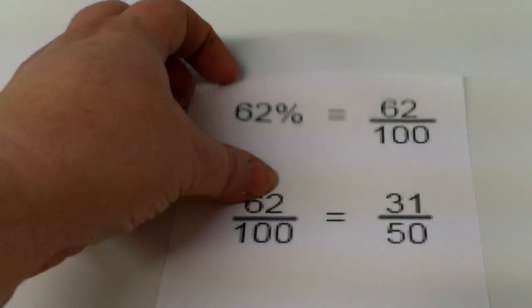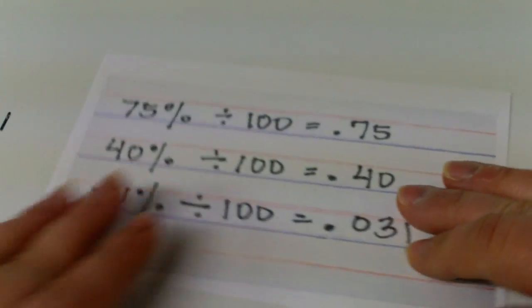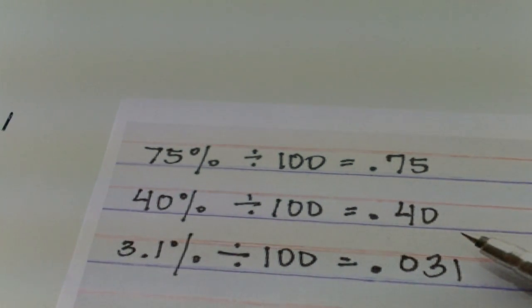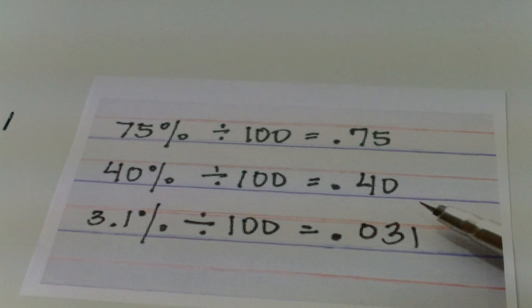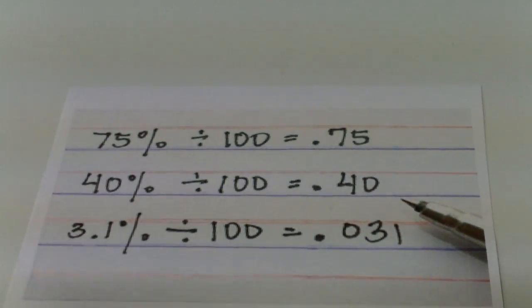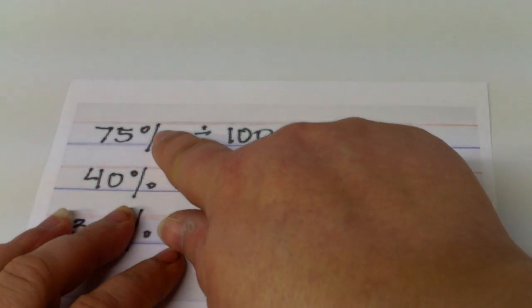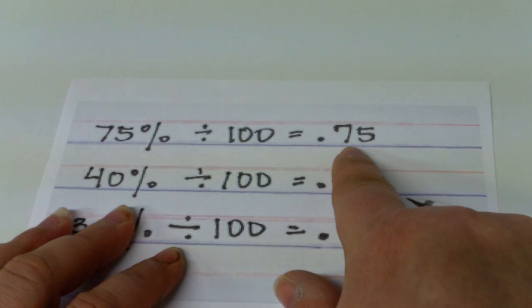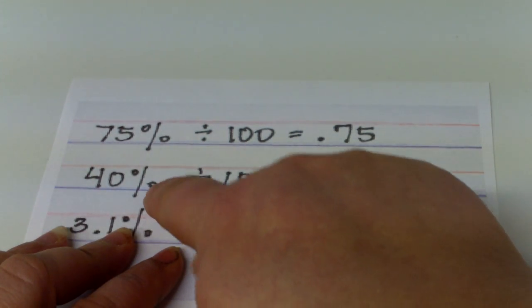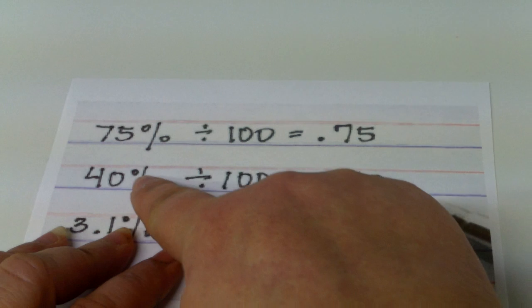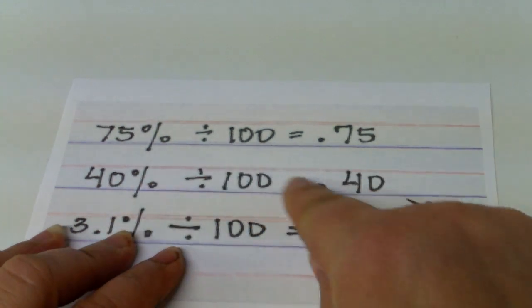Okay, now let's switch things up. I personally like this. This says that we have 75% and we want to make it a decimal. I like that because the symbol goes away, and the decimal point moves 2 spots. 40%, percentage comes away, the decimal point moves.